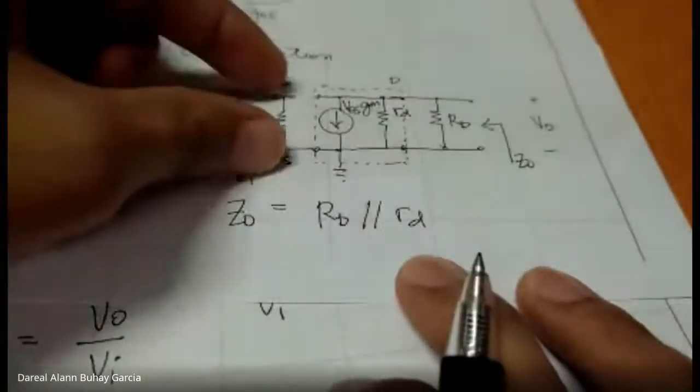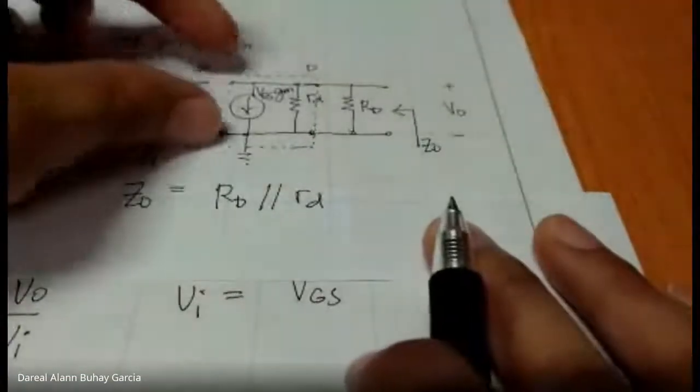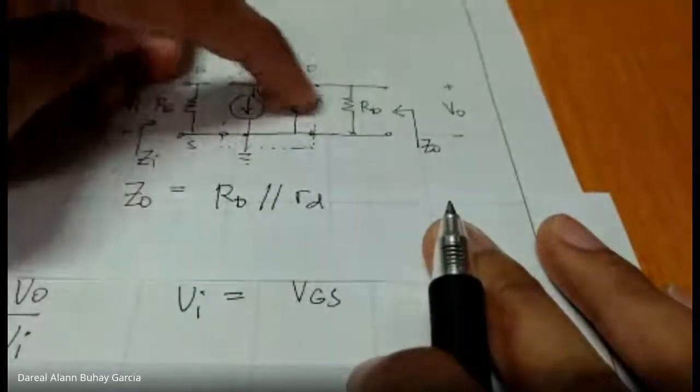And we know our VI to be VGS. VO is this one, the current times the equivalent resistance.